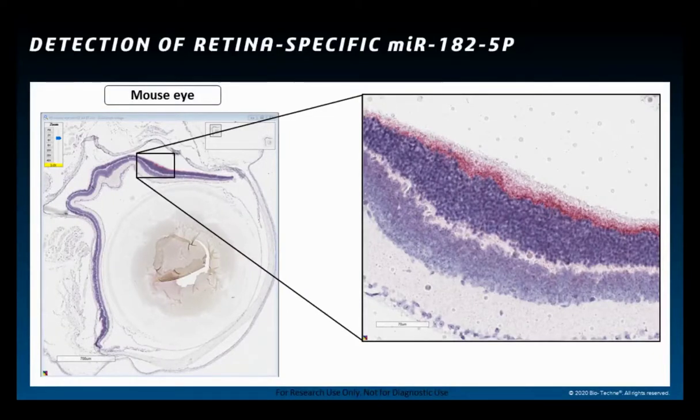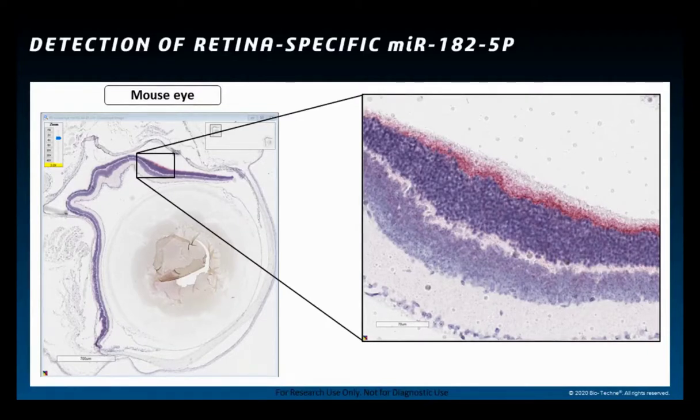Our next example is a miRNA in development. It's miR-182-5P, and it's being detected in the mouse eye, specifically in the retina. Now, this particular miRNA is, from the literature, expected to be expressed in the outer nuclear layer of the retina, and this is the place where the cell bodies of the photoreceptors are housed, for example, the cones and the rods.